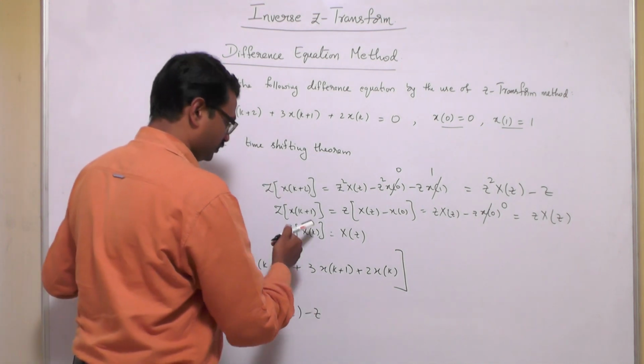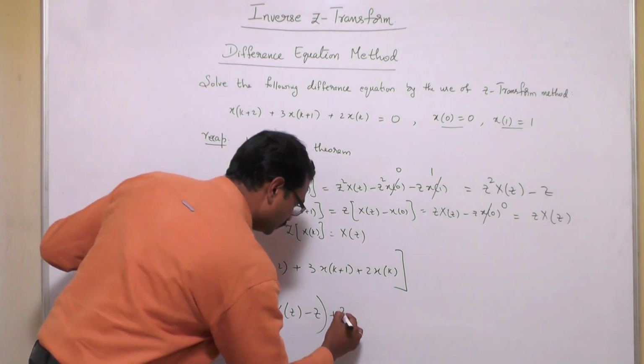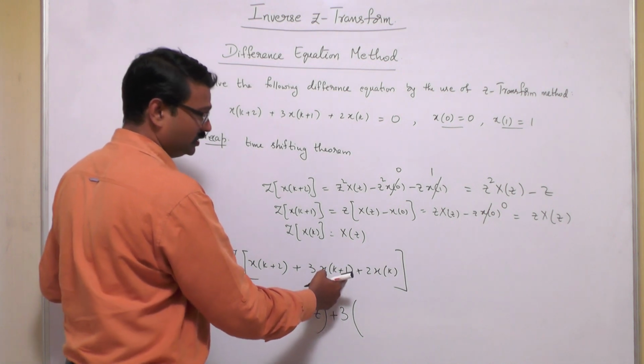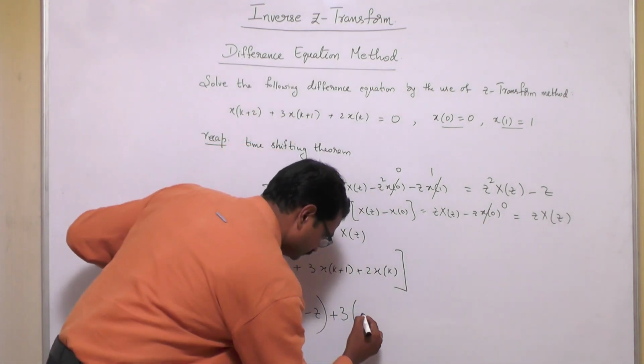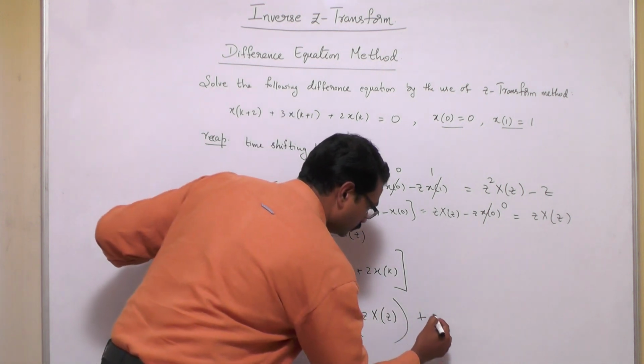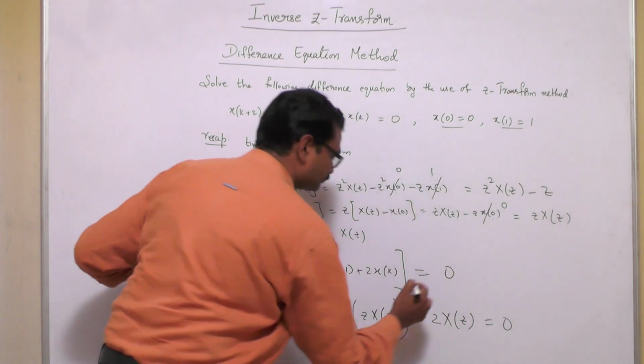Then 3 times x of k plus 1: the Z transform of x of k plus 1 is z x of z. Plus 2 times x of z is equal to 0.